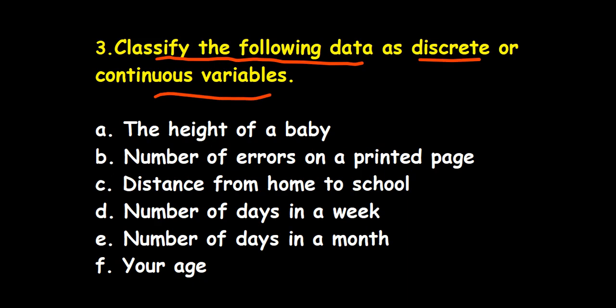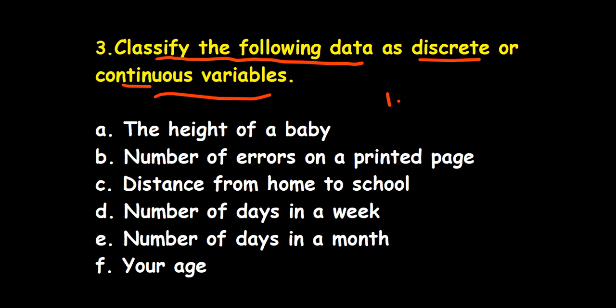We said discrete is something that you can count, and continuous you can't count. When we look at the height of a baby, the height of a baby can take any value.